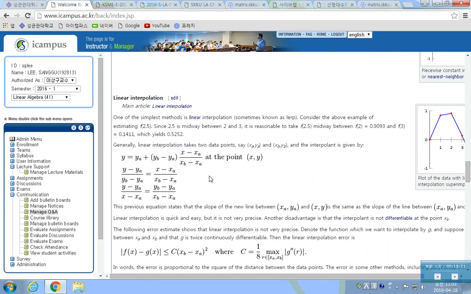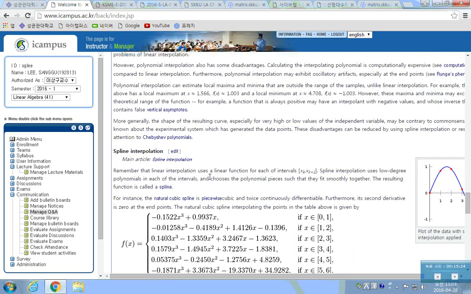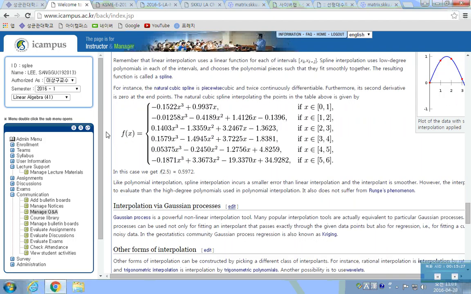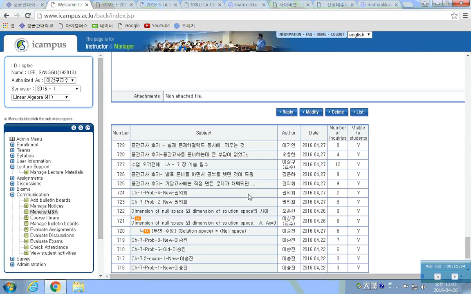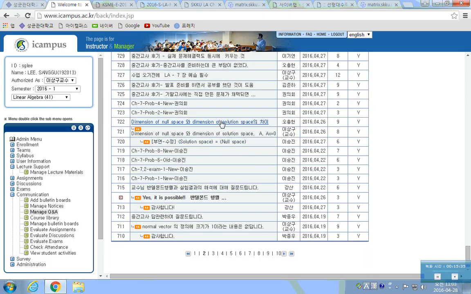The least squares solution can also be used, and cubic splines. Those are things that you will learn in optimization classes or linear programming classes in the industrial engineering department. Okay, and I think that's it.